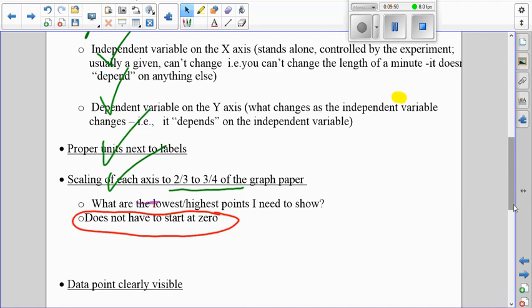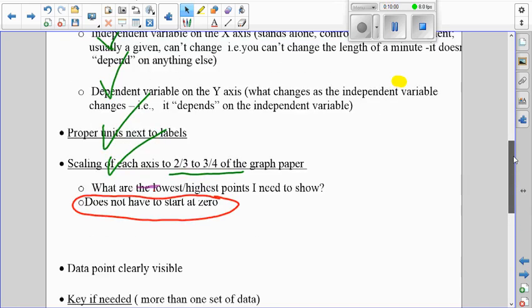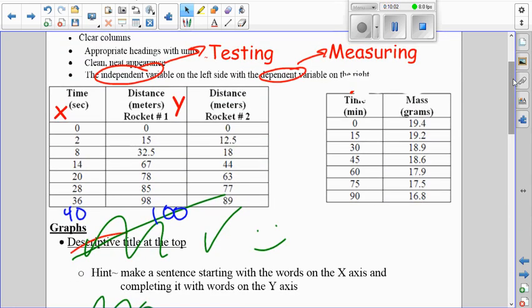You want to make sure every data point is visible, and include a key if needed. In this particular case, we have more than one set of data, we have 2 rockets. So you should just pick 2 colors that are not super similar, so don't go with blue and navy blue.